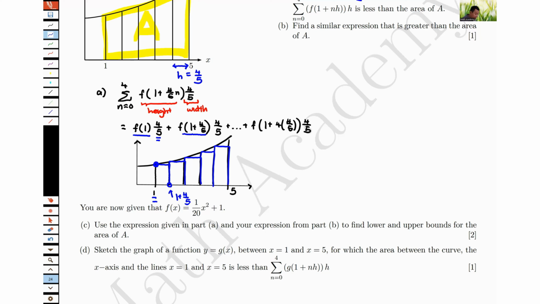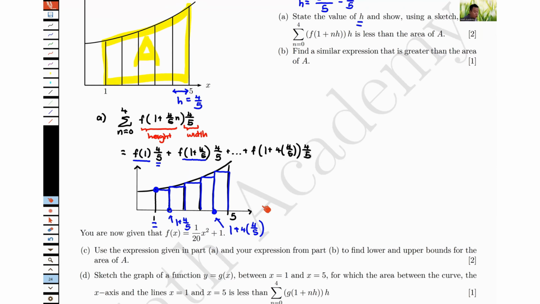If we confirm, the last value there is also corresponding to this. This last value is 1 plus 4 times 4/5. Okay, hence, I provided a sketch and I have shown that the area of the rectangles is really smaller than the area of the graph. Okay, so this is done. This is the sketch we're supposed to supply.